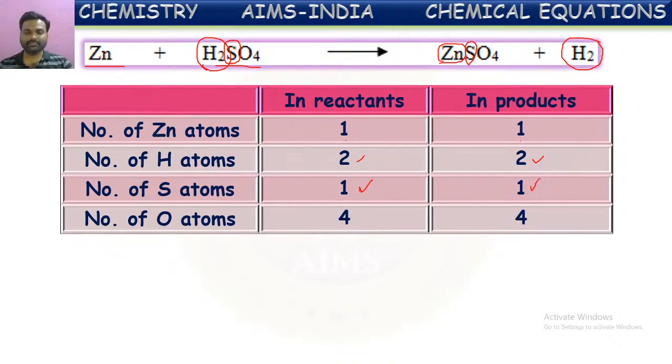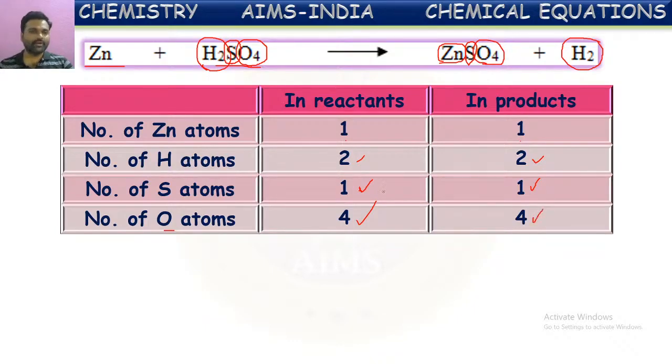So the number of sulfur atoms is the same on both sides. Now oxygen atoms: in the H2SO4 molecule on the reactant side, there are 4 oxygen atoms. So on the left hand side 4. On the product side, in the zinc sulfate molecule, there are 4 oxygen atoms on the right hand side also.